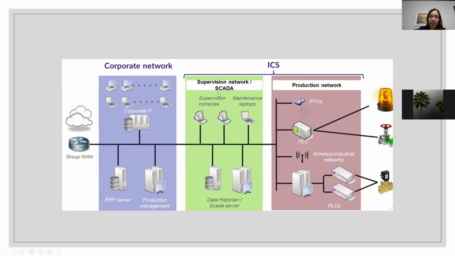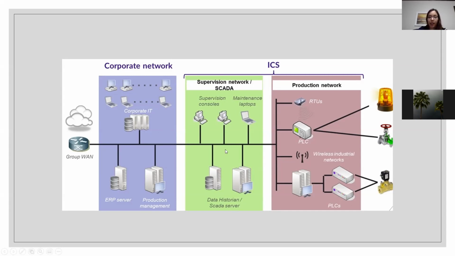We talked about SCADA and how it's mainly used for supervision and relaying commands. So you have these supervision consoles that allow a human operator to send commands to things like the PLC. On the SCADA network, there's no autonomous sending of commands. It has to be initiated by a human operator.